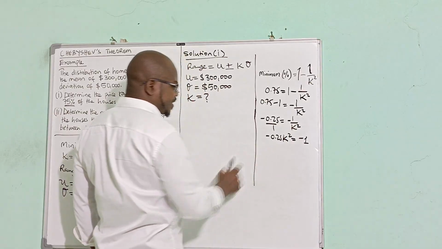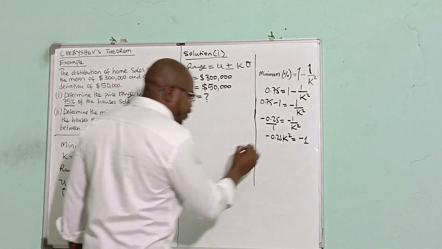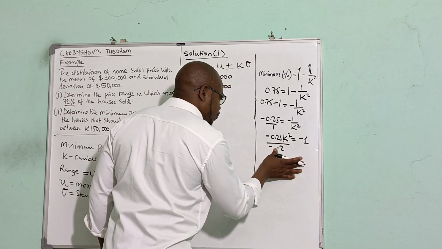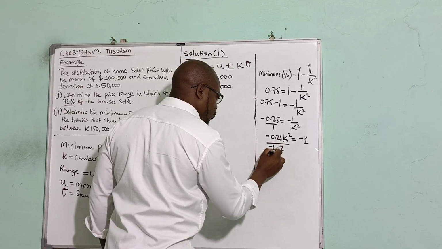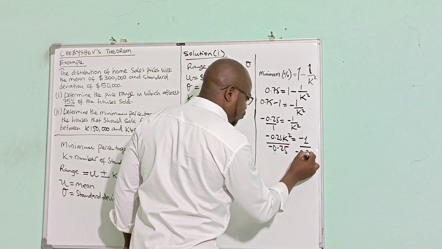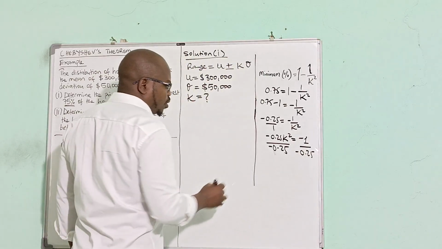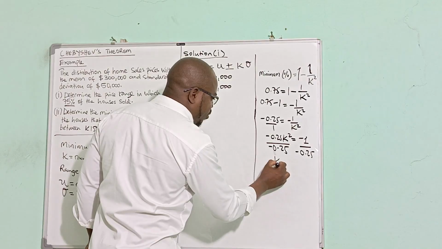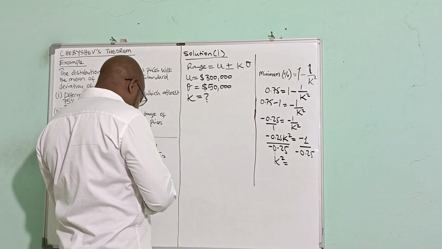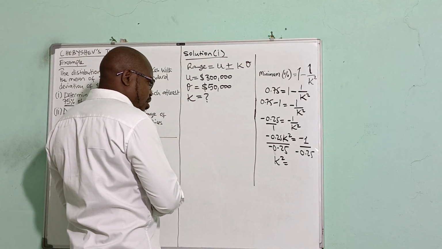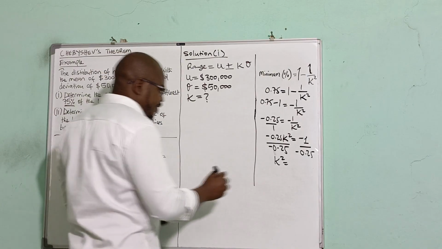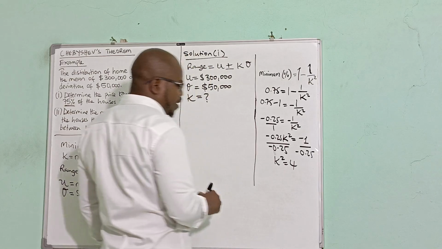Then we divide both sides by negative 0.25, and we remain with k squared equal to negative 1 divided by negative 0.25, which is 4.